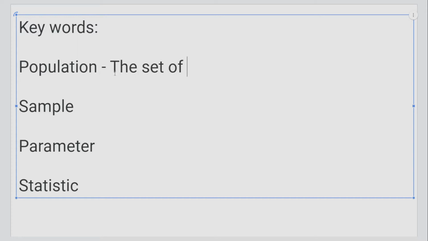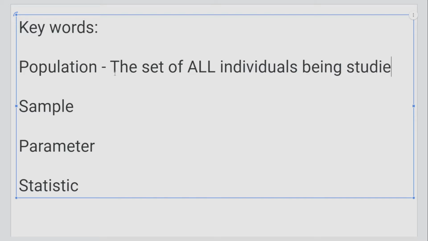For example, we might talk about the population of an entire country, or of an entire school, or of an ethnic group, or the whole population of people who are this tall. So it's a set of every single person that fits that category.